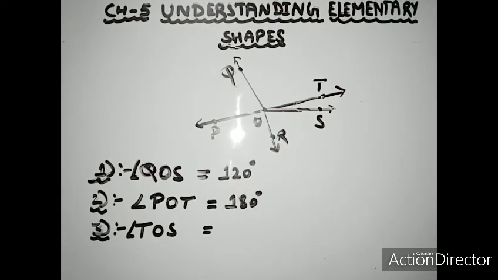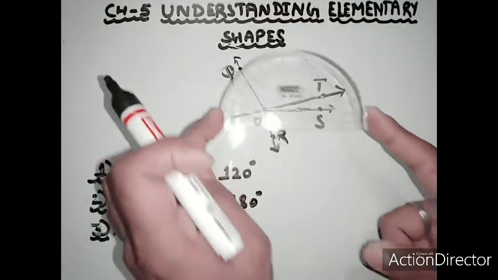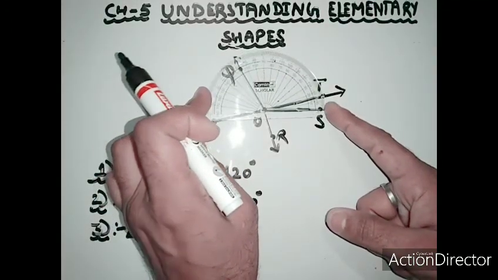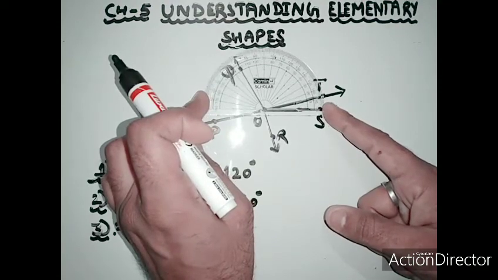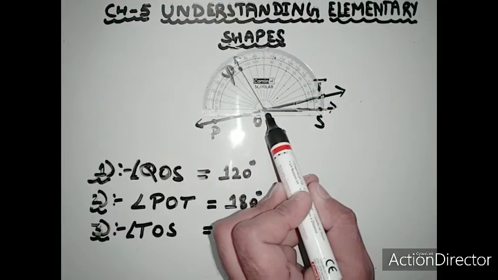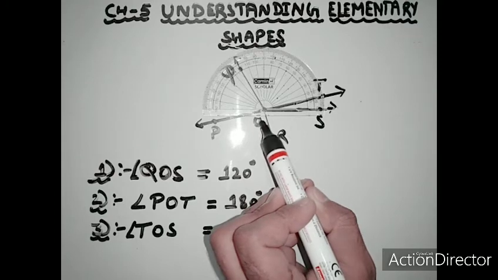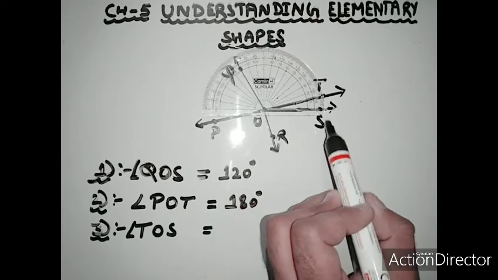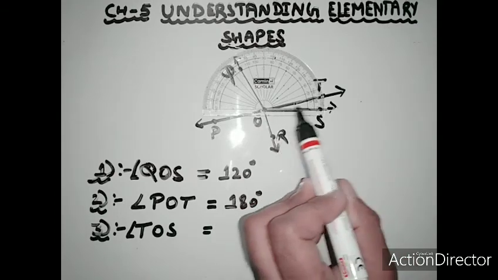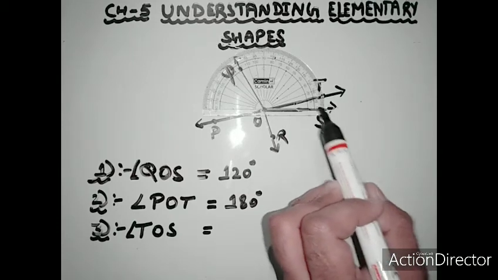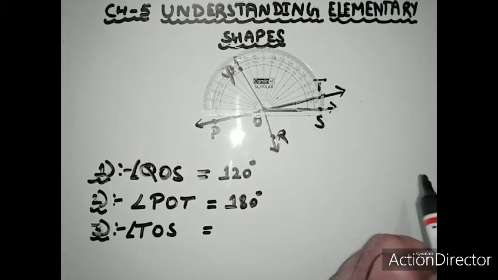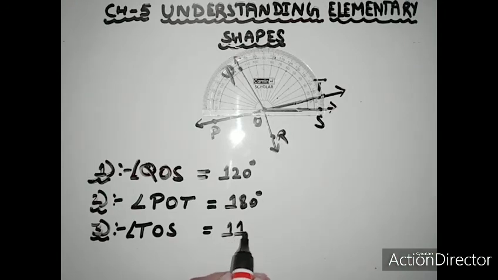Okay students, so now here we put the midpoint of this protractor on the point O, and along this ray S. After that we measure this angle here. So it is approximately 11 degrees, right? So here we write angle TOS is equal to 11 degrees.